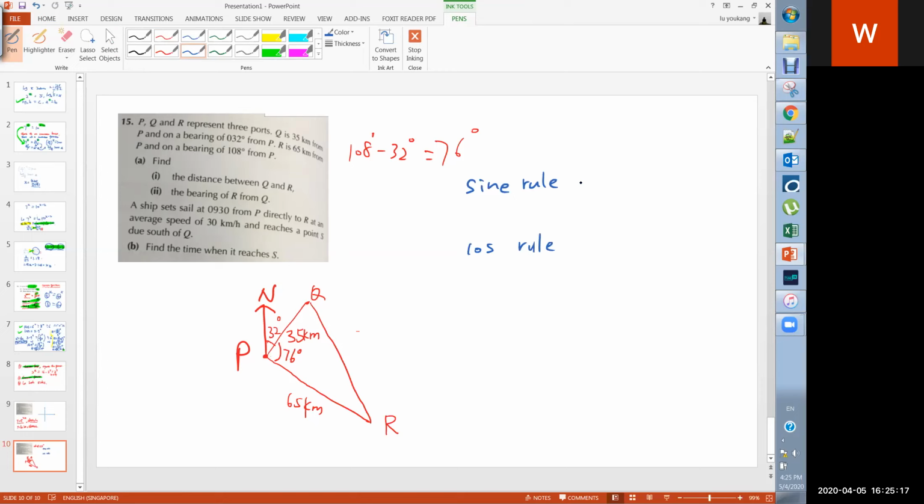That one is given in your formula sheet. The cosine rule is also given in the formula sheet. You know about it.